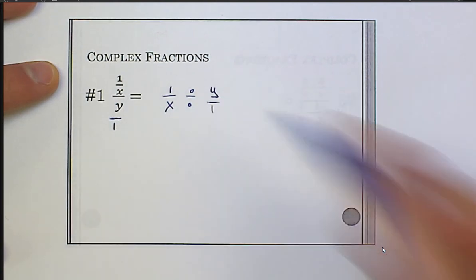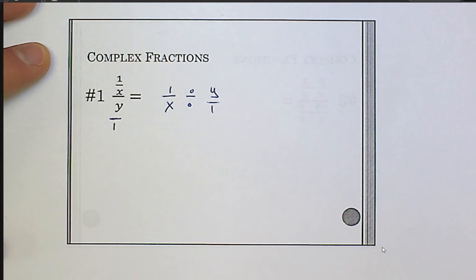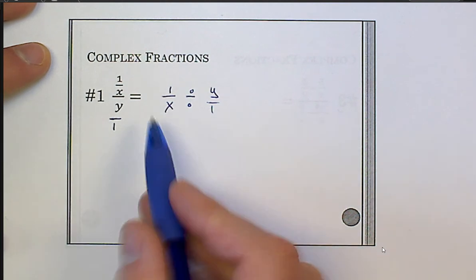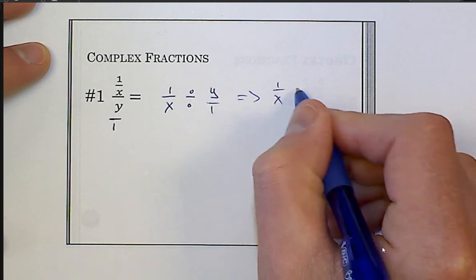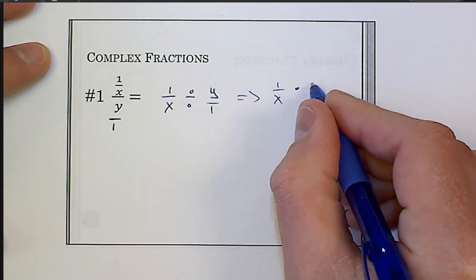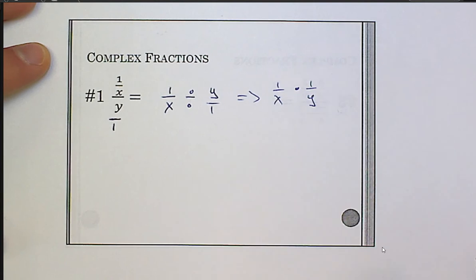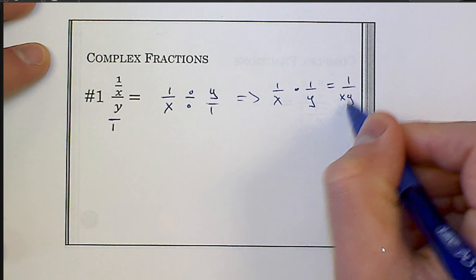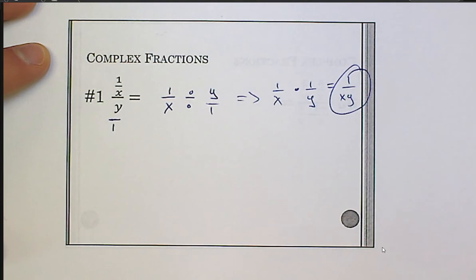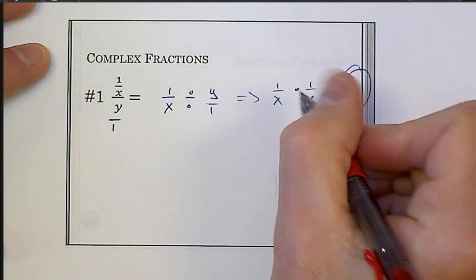And so what did we do in lesson 6, right? When we had fractions where we're dividing, we would keep the first one the same, change the division sign to a times sign, and flip or multiply by the reciprocal of the second. Well, if you do that, you just get 1 over xy, and that would be our answer, right? Because we're always multiplying the top times the top and the bottom times the bottom.